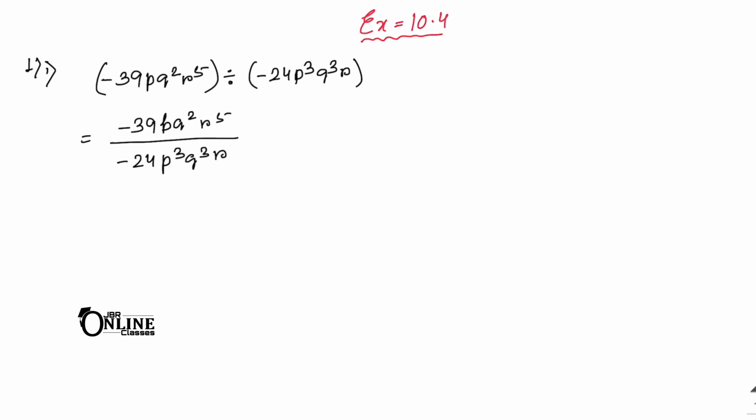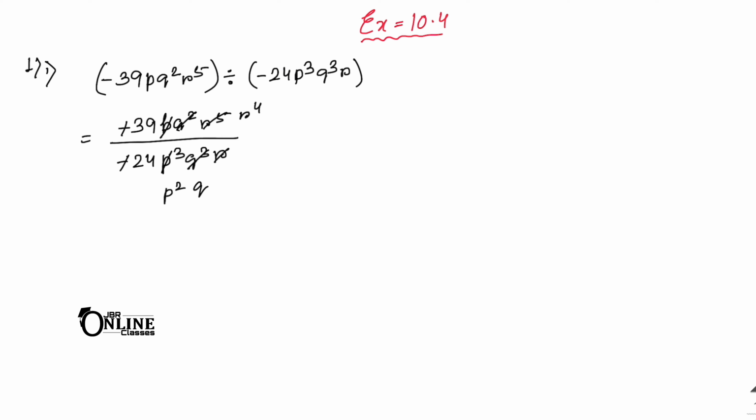Clear? Now minus minus cancel out, then p cancels out. As here p cube, here only p, so p cancels with p cube, it becomes p square. Then q square cancels with q cube, it becomes q, and r cancels with r to the power 5, it becomes r to the power 4.